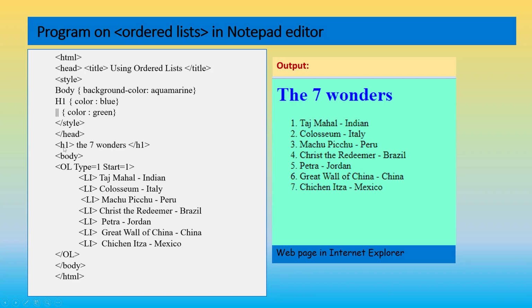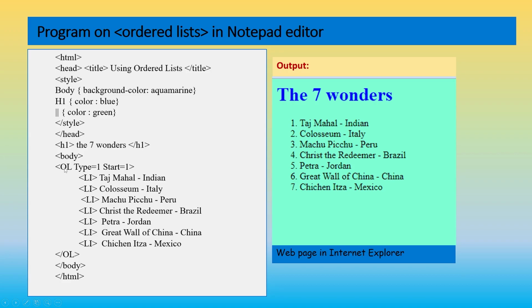Now comes the actual program in which I want H1 heading as the 7 wonders. So here it is, 7 wonders. Now comes the body of my program, inside which I have the ordered list with 7 list items.